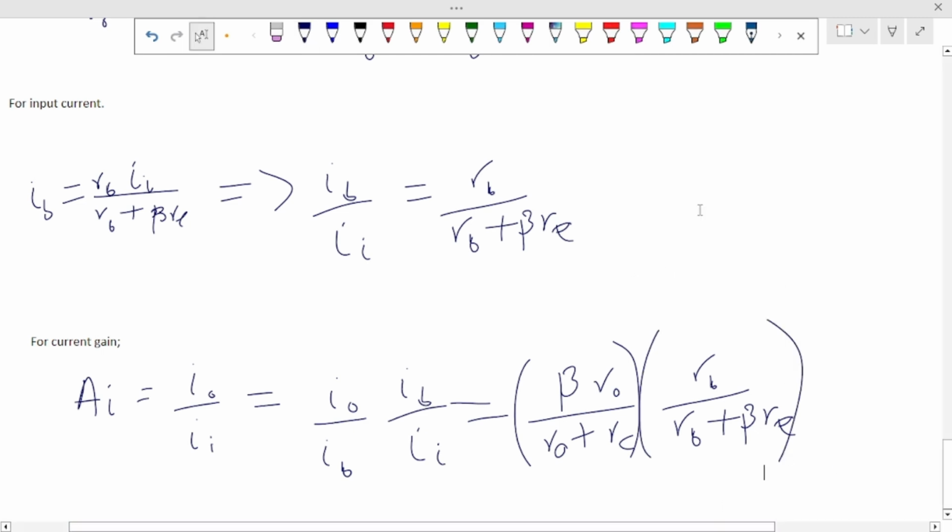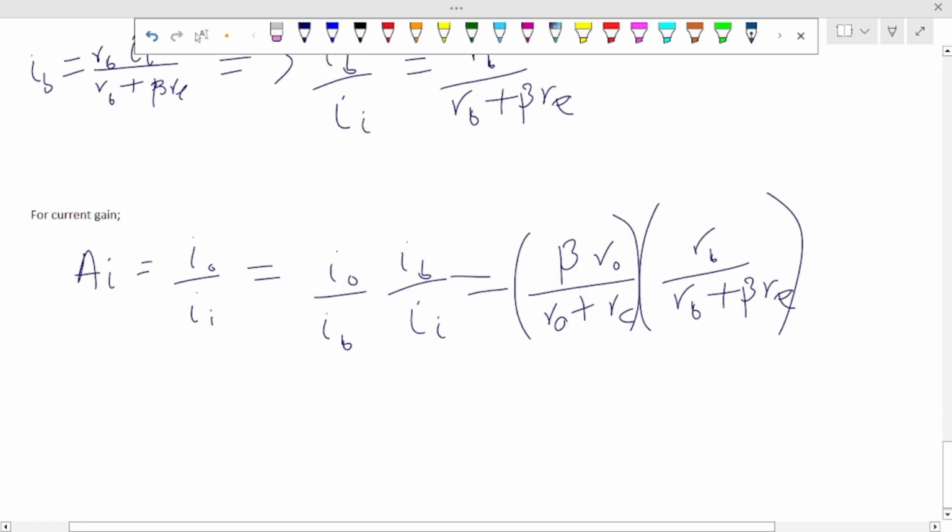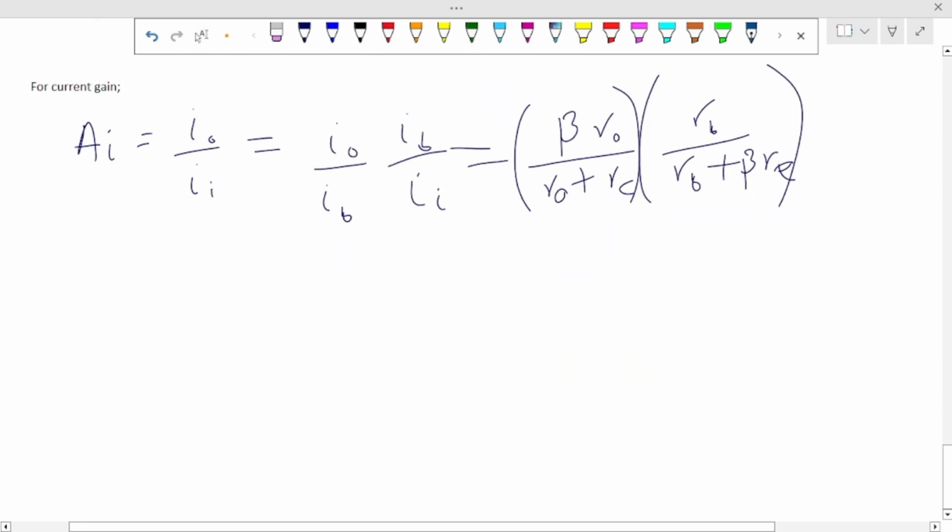Now, of course, I think we've said this before, that RO is far greater than RC. Also, RB is far greater than RE. Like I said, it's just like having a drop of water in the ocean. The drop of water means nothing.